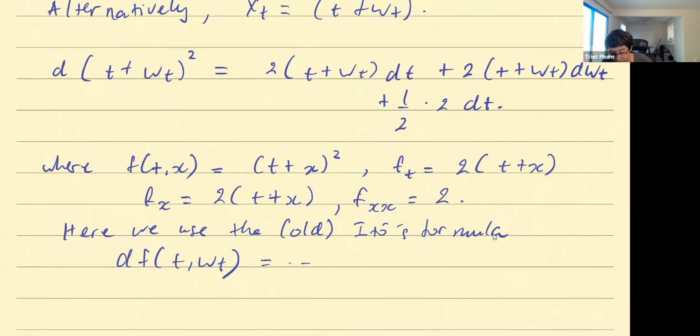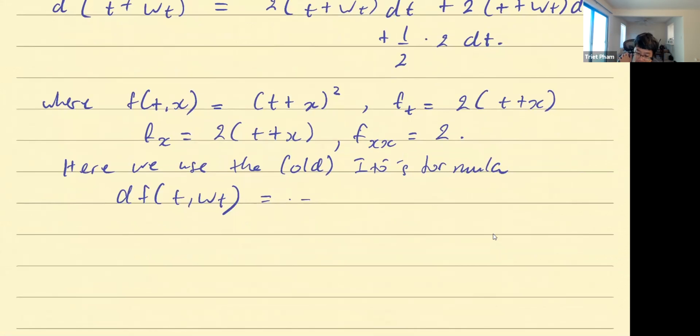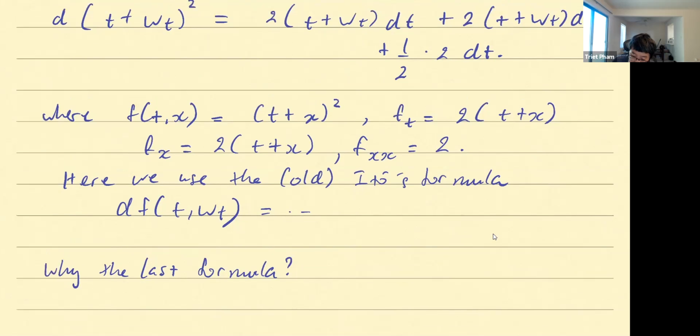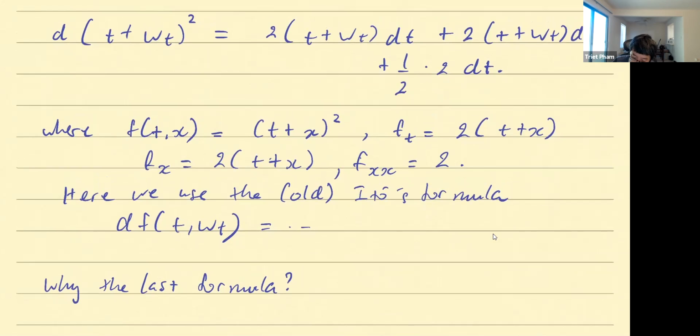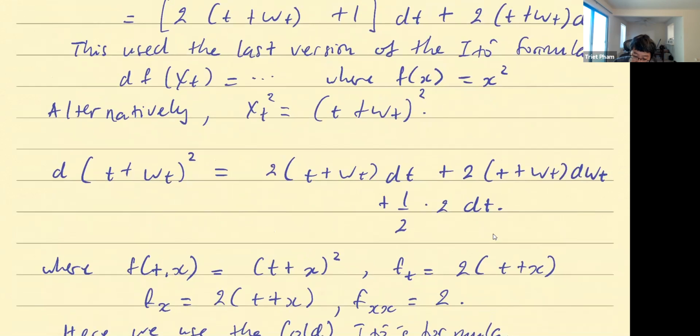All right, so maybe one point to address is this: why the last formula? It seems like a lot of things can be handled using the traditional Ito formula based on t and W_t, because everything depends on W_t anyway. Why introduce df(X_t) or f(t, X_t), which makes things more complicated?